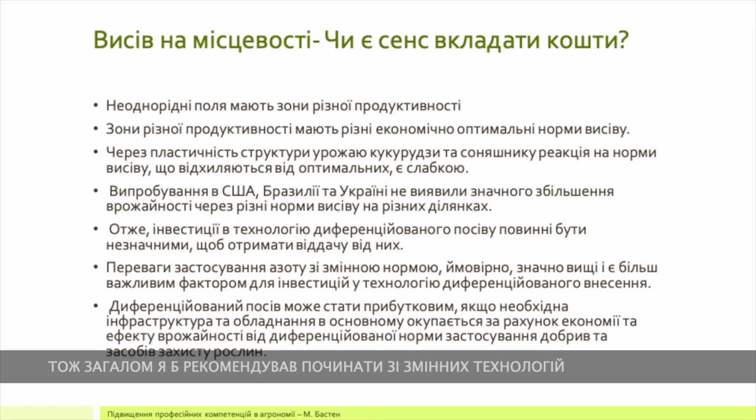So in general, I would recommend to start with variable technology and precision agriculture more with fertilizers and maybe pesticides than with variable seeding. If this technology is in place, then of course variable seeding can be considered, and is probably an add-on which gives some additional return to this technology.